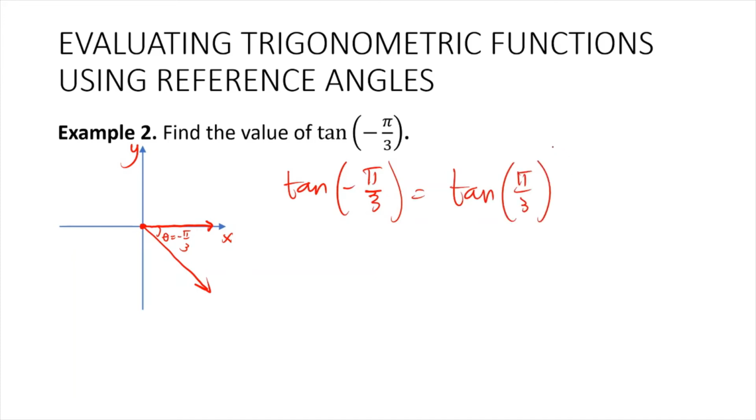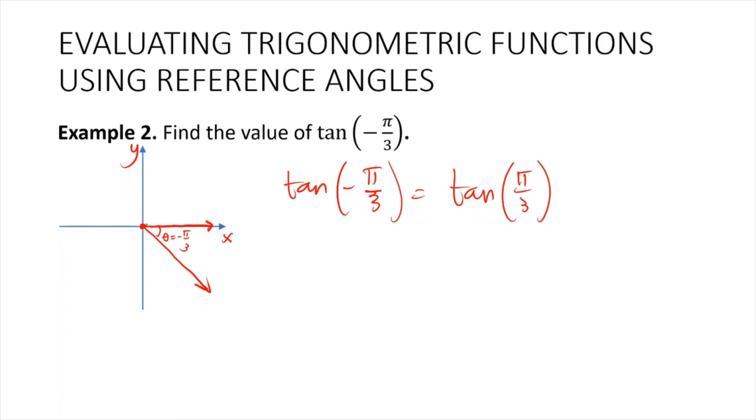Now the sign. The terminal side is situated in the fourth quadrant. In the fourth quadrant, the only positive trigonometric function values are cosine and its reciprocal, which is secant. Tangent is negative because remember it's the ratio between sine and cosine. Sine corresponds to the y component, cosine corresponds to the x component.